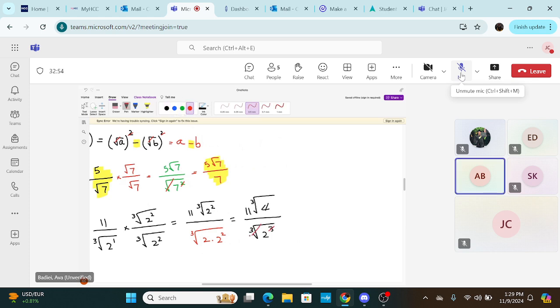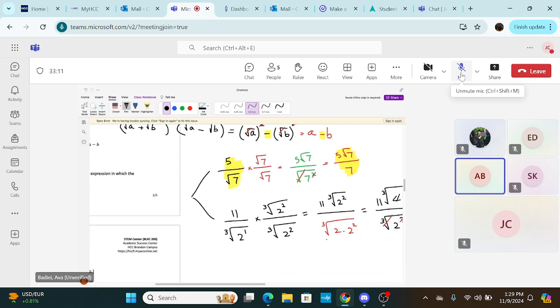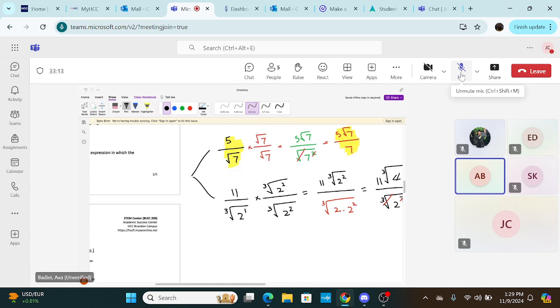The power and the radical will cancel, and this will be your final answer. So depending on what the index is, you might have to multiply exactly by the same thing or the same thing just with a power of 2. This is when you're having a single radical in your denominator.